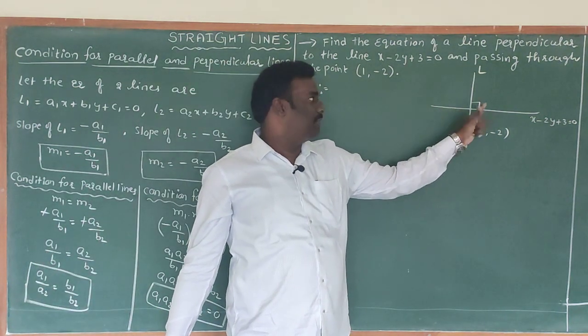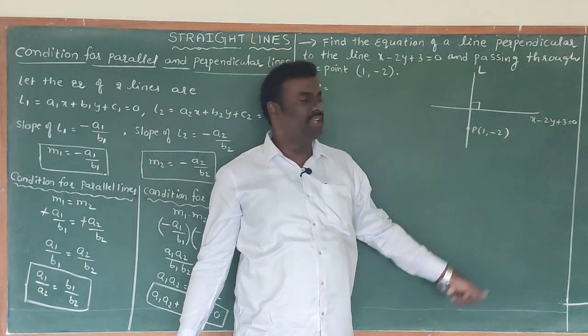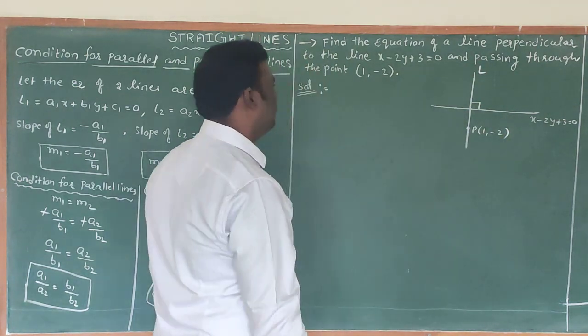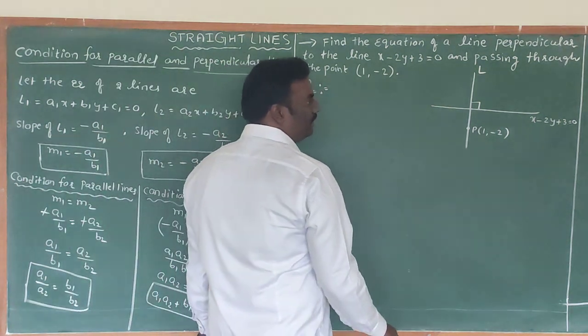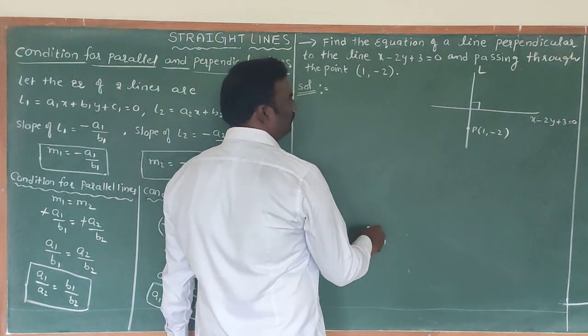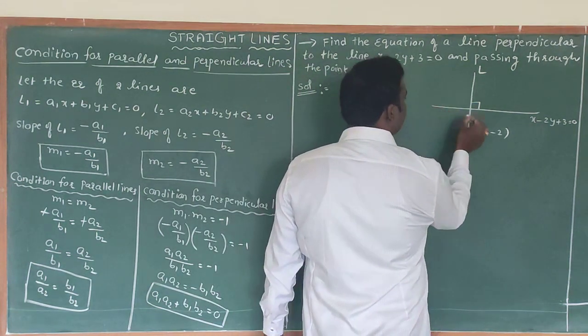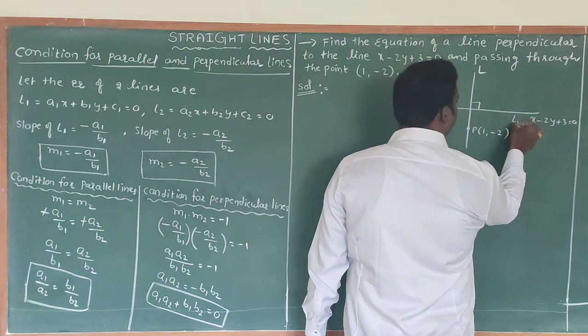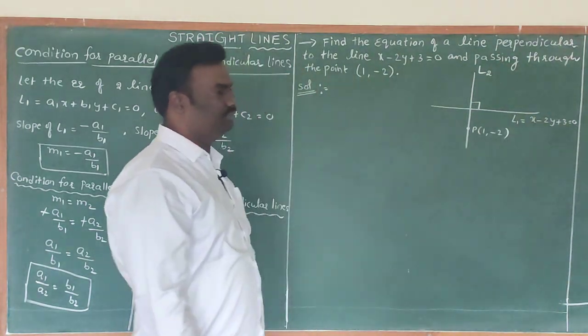We need to find the perpendicular line of the given line, and this line is passing through the point 1 comma minus 2. Okay. So first, this line I am taking, this is L1, and the required line is L2.